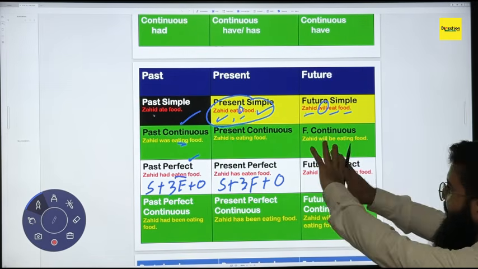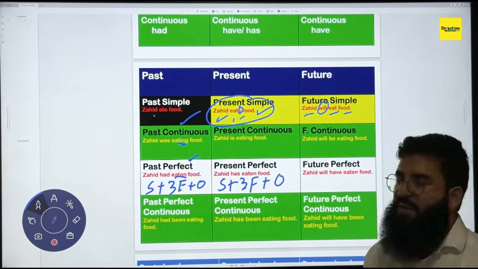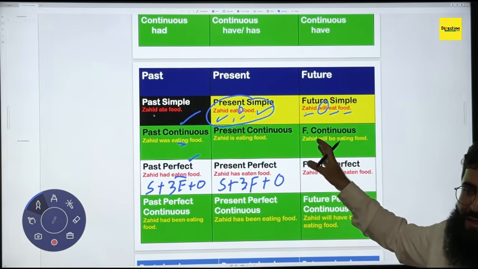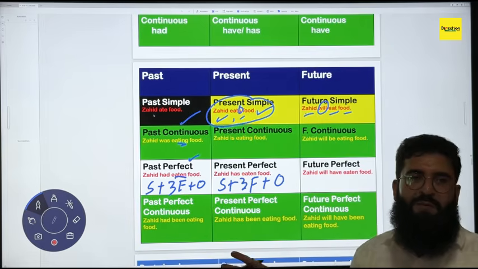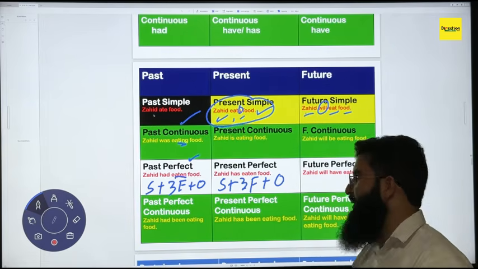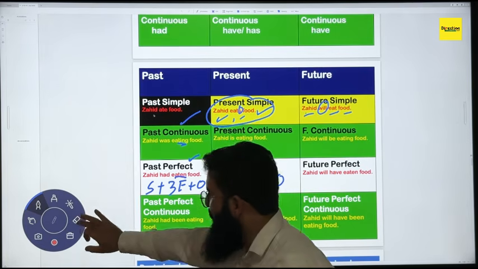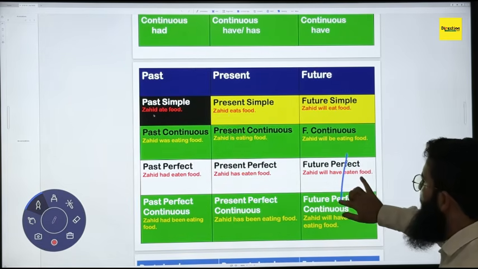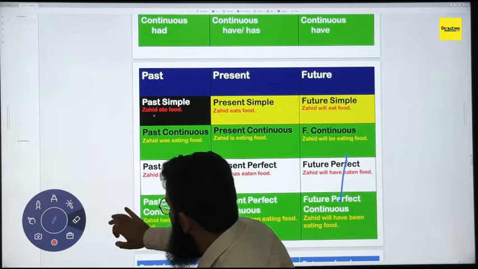I will show you now the chart of helping verbs. This tense has separate helping verb, this has separate. And if you remember the helping verbs, the tenses topic, the structure is clear for you forever. Moving ahead to the helping verb slide, just a second.